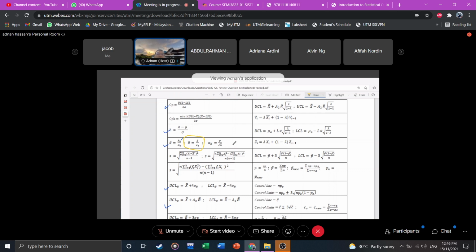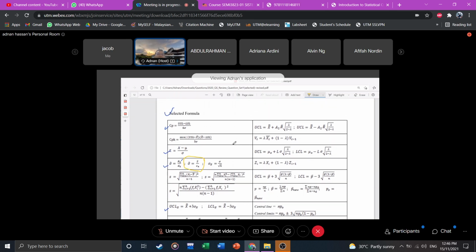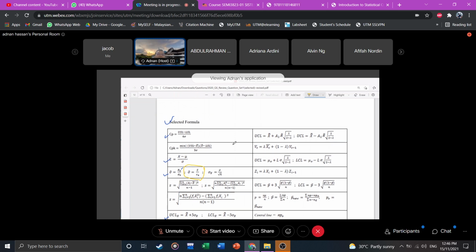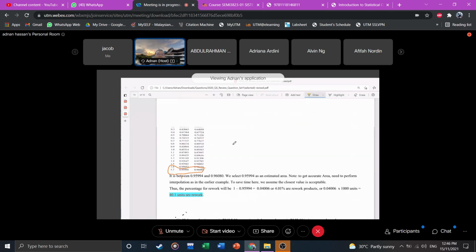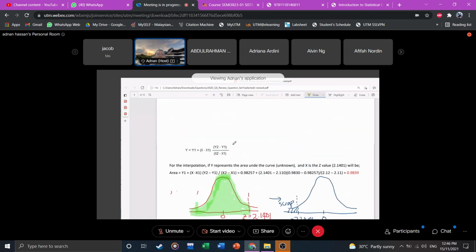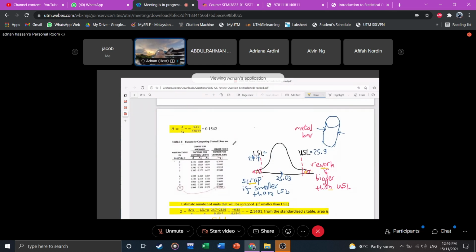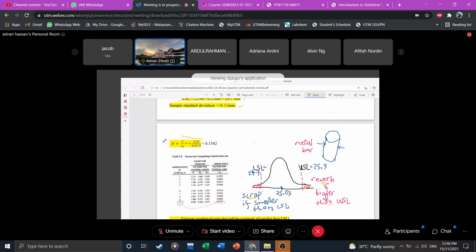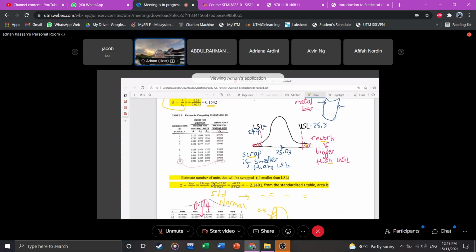Because what was given in the question was the standard deviation for the sample, we can use these values in this calculation for sigma.